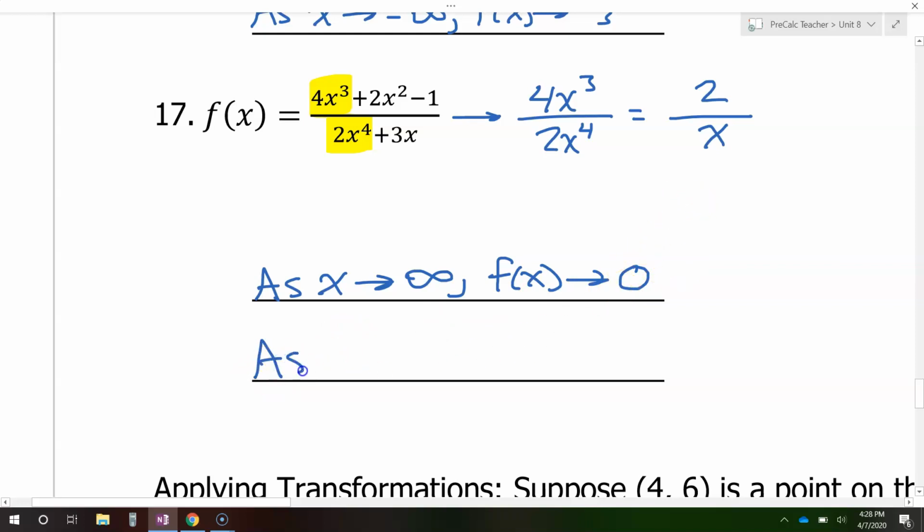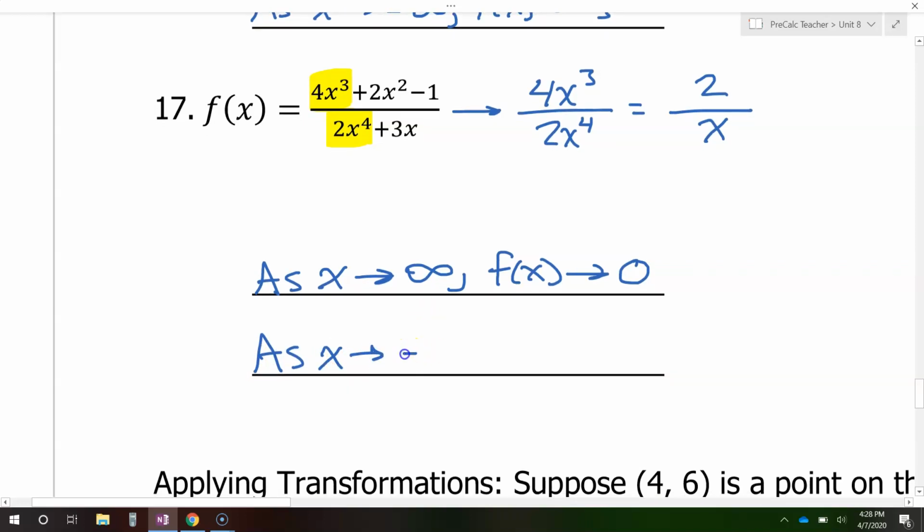Now, what happens as x approaches negative infinity? The denominator is getting bigger and bigger, or I should say it's getting smaller and smaller, in the sense that this is going to be like negative 10, negative 100, negative 1,000, negative 1,000,000, negative 1,000,000,000.